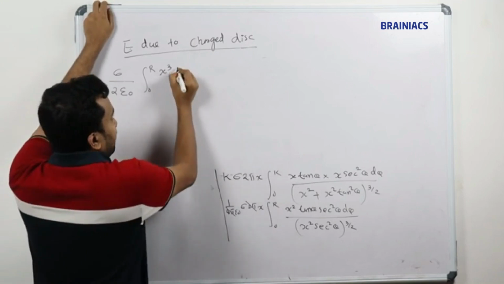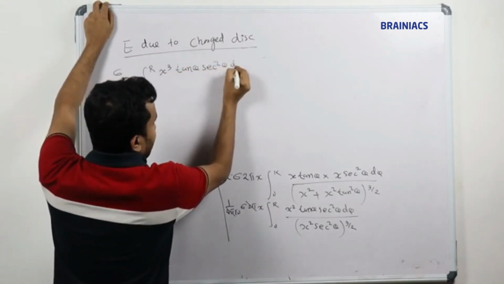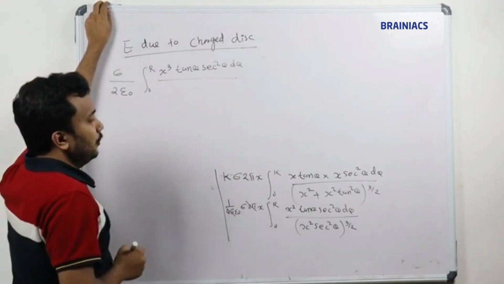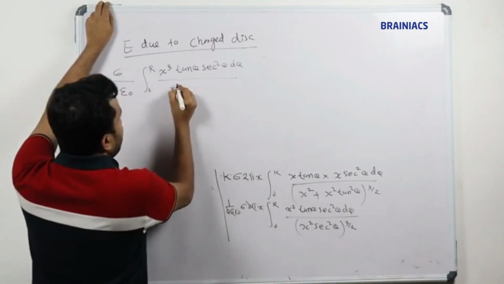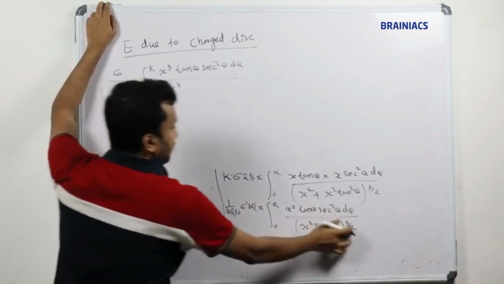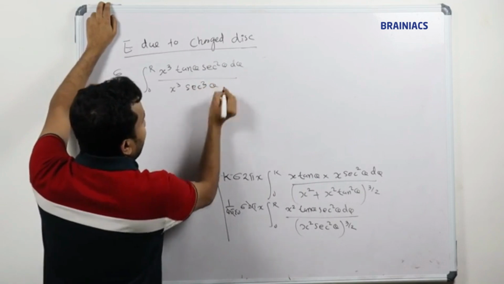So tan theta sec square theta into d theta, whole divided by x square sec square theta whole power 3 by 2, so this becomes x cube, and the 2 and 2 cancel, sec cube theta.